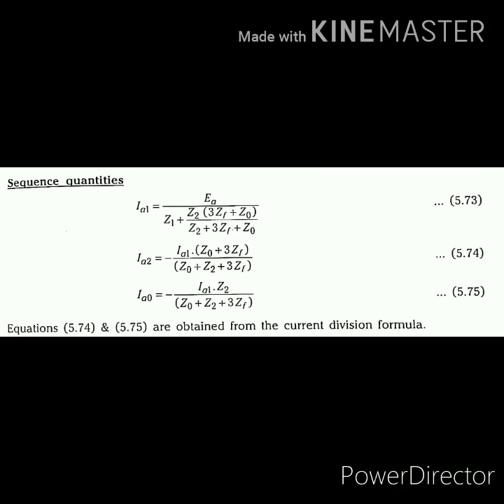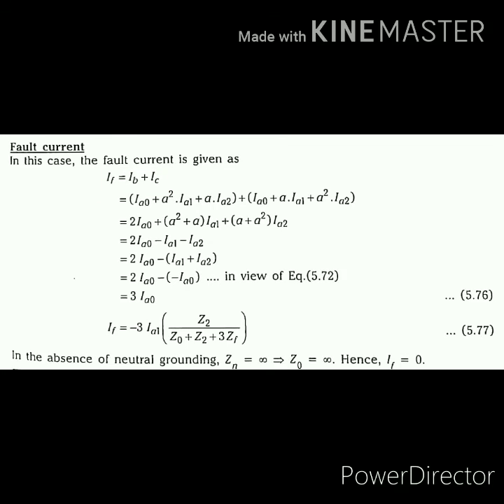Calculating all the sequence quantities, IA1 is nothing but the total EMF EA divided by Z1 plus the parallel combination of the other two impedances along with the fault impedance ZF now. And then you have IA2 from the current division formula and IA0 also from the current division formula. Now the fault current IF is therefore IB plus IC from the diagram which we have seen.